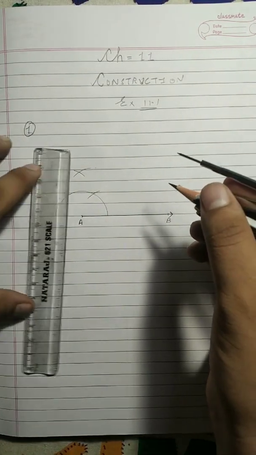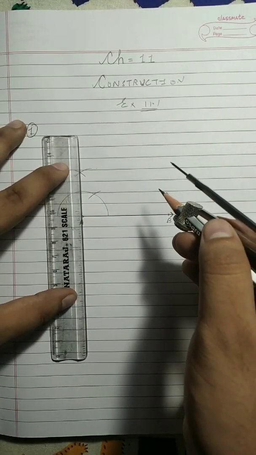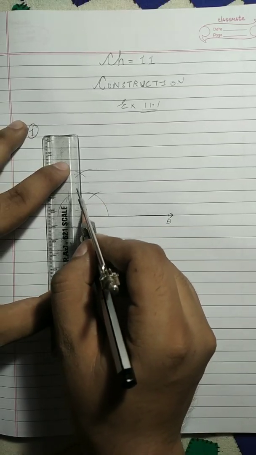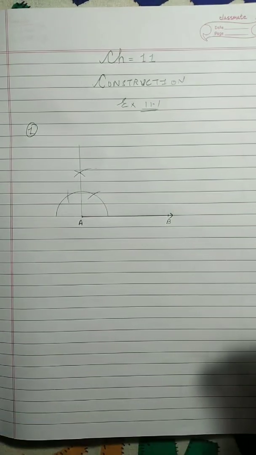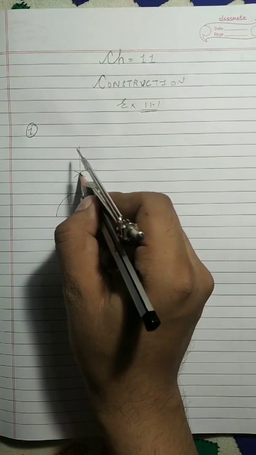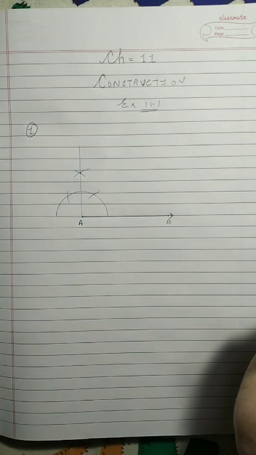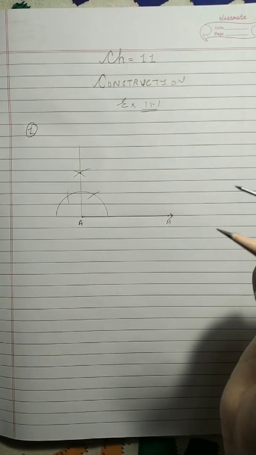After making the arcs, we can join them, and the 90 degrees is there. I think it is slightly on this side. Okay, so just make 90 degrees.